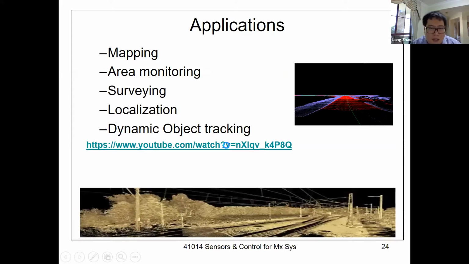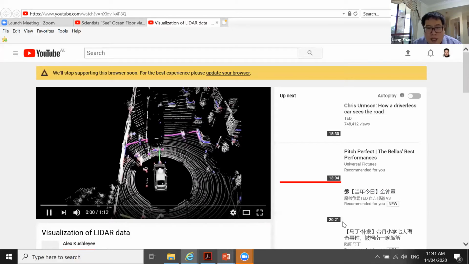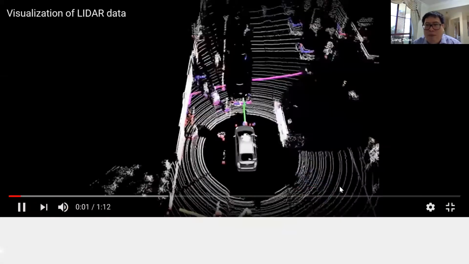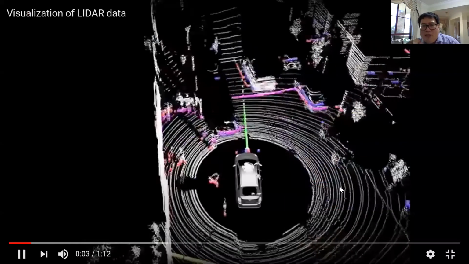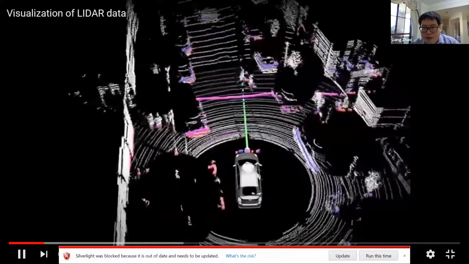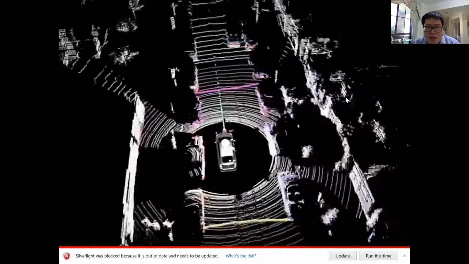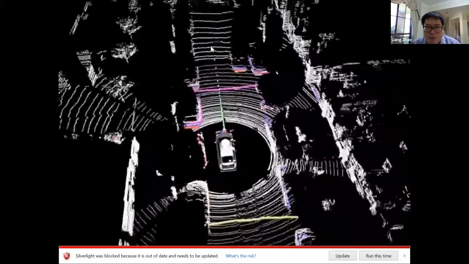And here is a video about the data it gets from autonomous driving. It's a 3D LiDAR. As you can see, there are multiple lines.